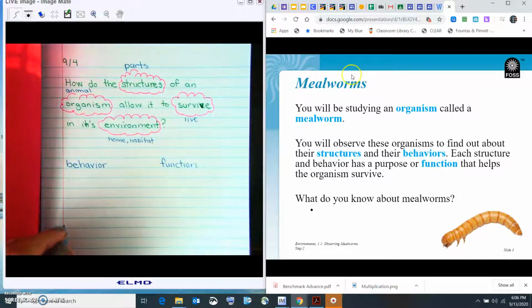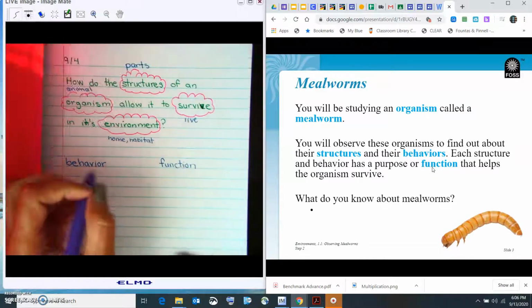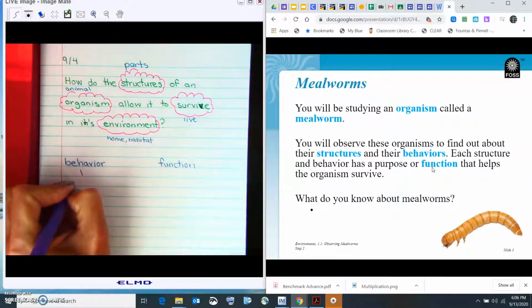I picked those words because they're part of the blue words. We've talked about organism, we talked about structure. A mealworm is the type of animal that we're going to be looking at, and behavior and function. So the behavior is how it acts.